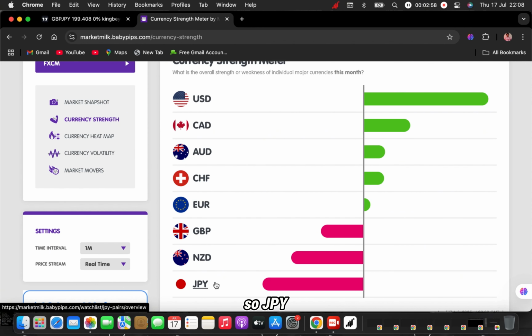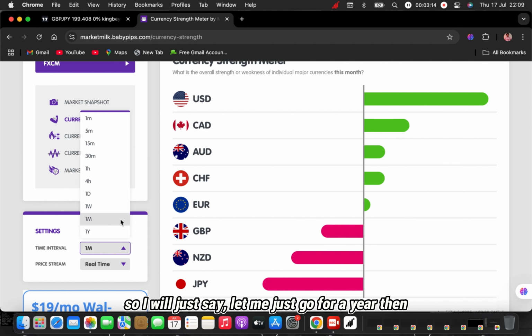So JPY has been the weakest for this month, while CAD is the second, and Australian dollar, which was the weakest this week, is now the third in the month.